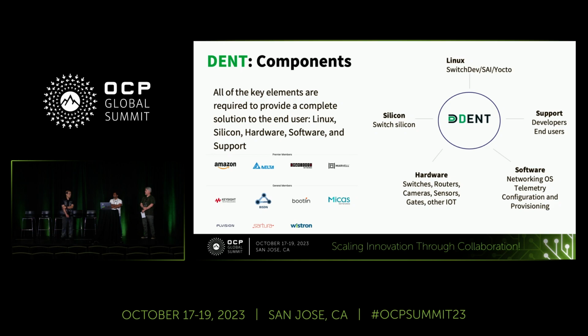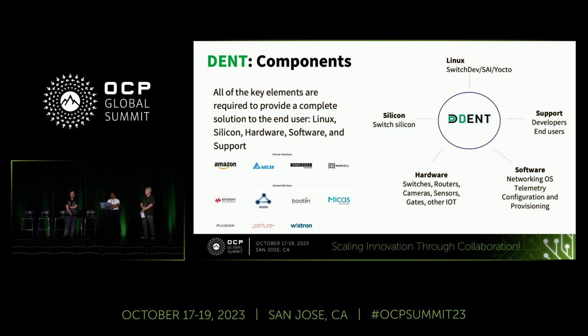We have multiple silicon vendors participating and contributing. And the major foundation of Dent is built on Linux. And that's why we first embraced using SwitchDev as the approach to access the silicon, the ASICs, via the Linux kernel.